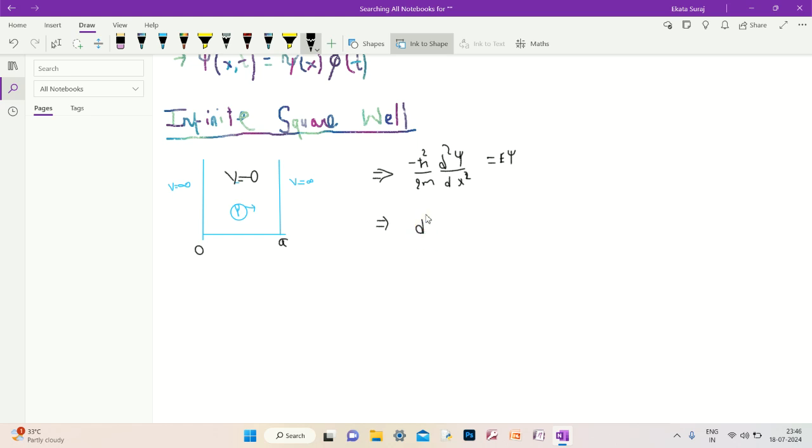What we'll do is d square psi divided by dx square is equal to the negative of 2mE divided by h cut square, times psi.